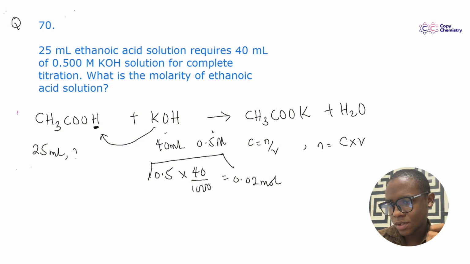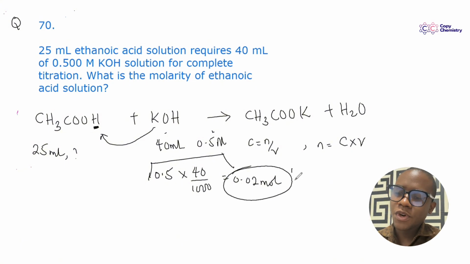Now, pay attention. The number of moles of KOH has to be equal to the number of moles of ethanoic acid for this reaction to happen. For the reaction to be complete, the number of moles of KOH must be equal to the number of moles of ethanoic acid. Does that make sense? Good.